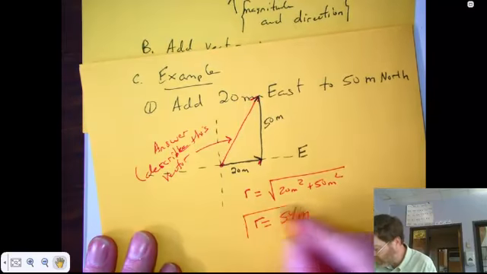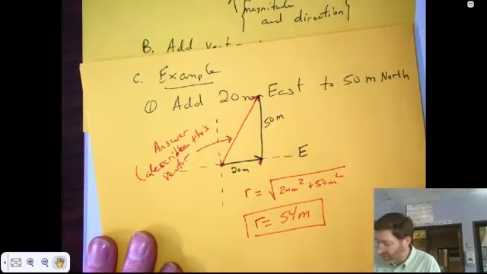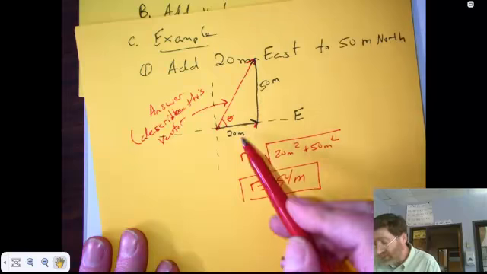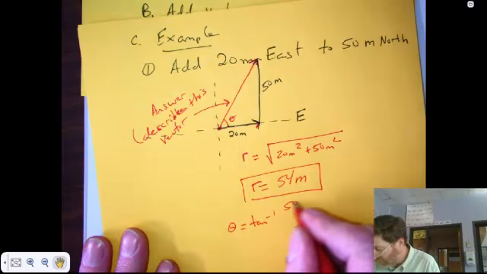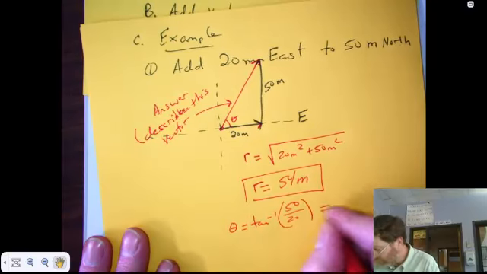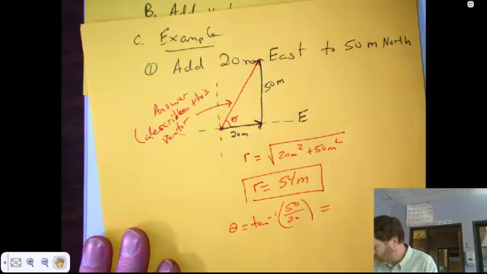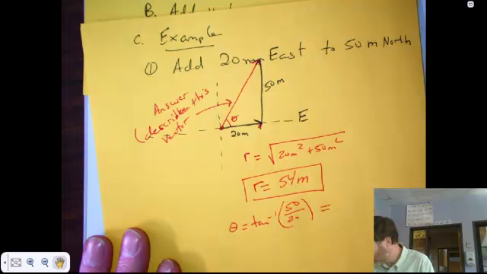That's the length of it, but we also need a direction. So I'm going to find this angle here. We have the opposite and the adjacent, so theta is going to be the inverse tangent of 50 over 20. That's 68 degrees.